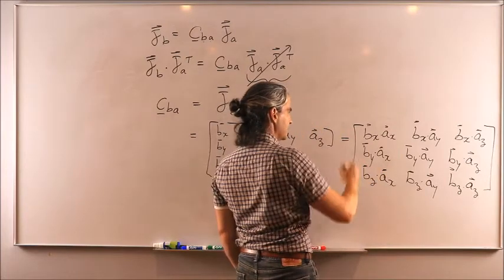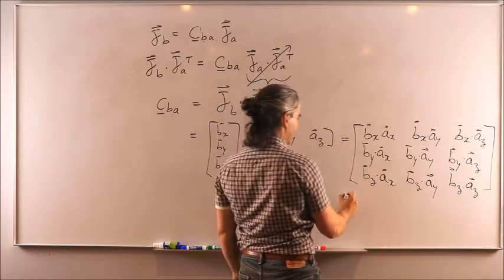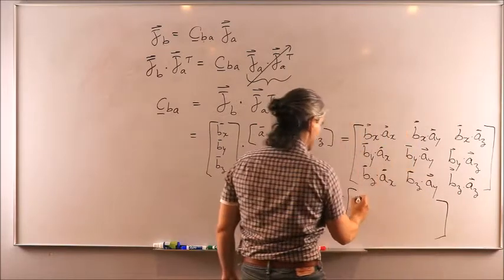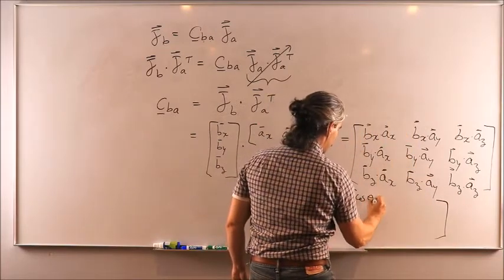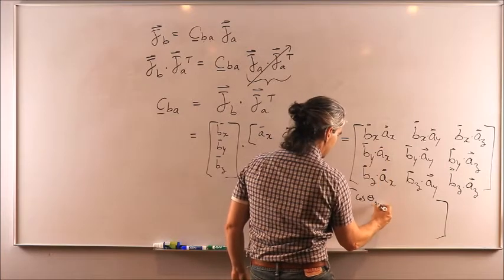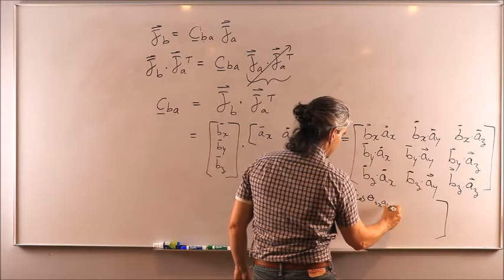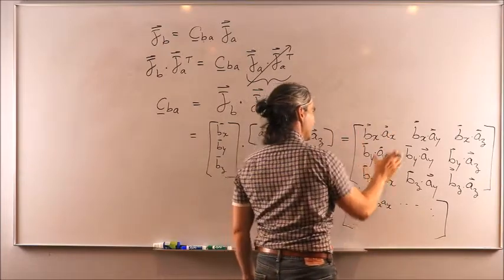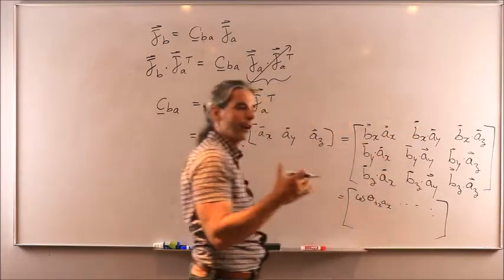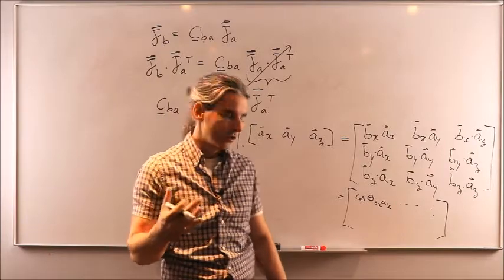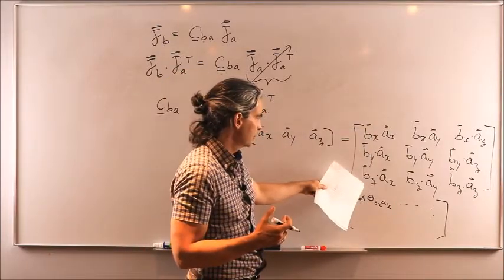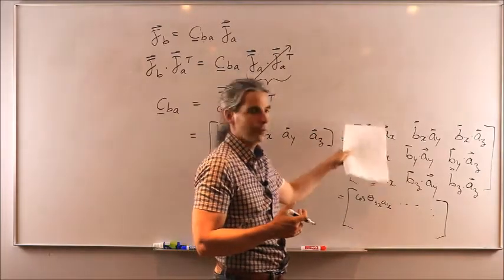So essentially, this matrix is just a bunch of cos of 9 different angles. Cos of the angle between bx, ax, and so on, okay? So cos of 9 different angles that are defining the respective orientation of the unit vectors of reference frame B with respect to the unit vectors of the reference frame A.